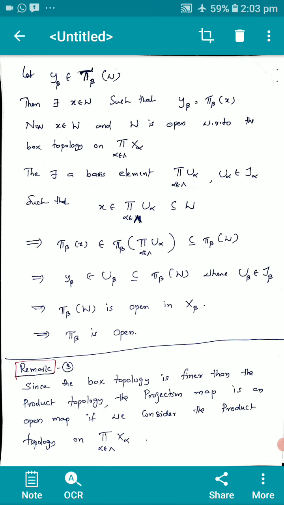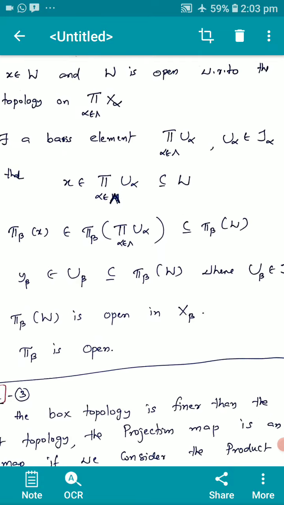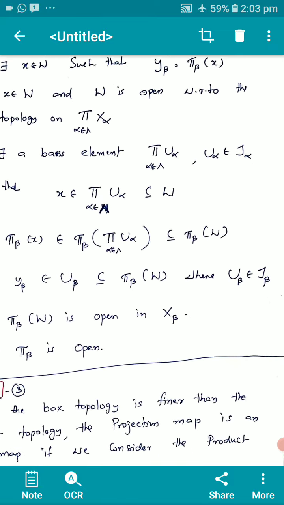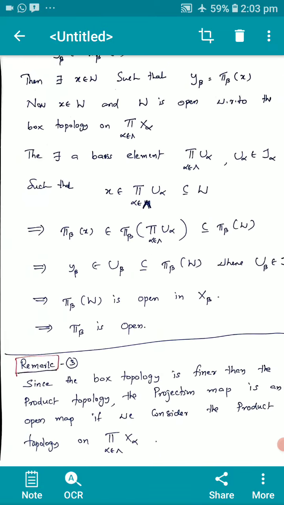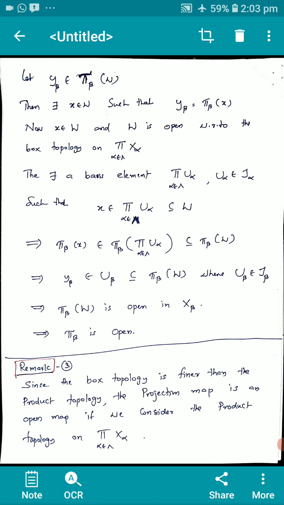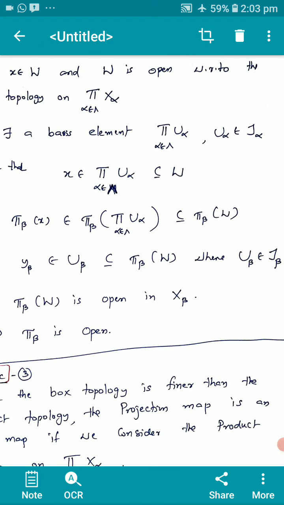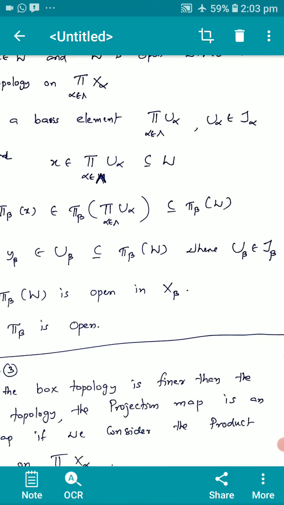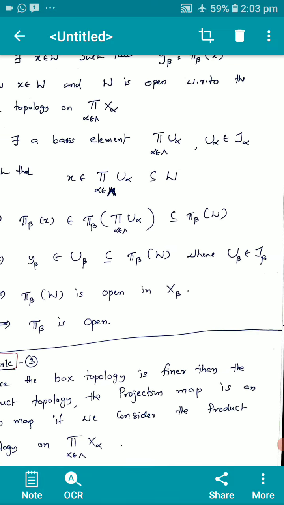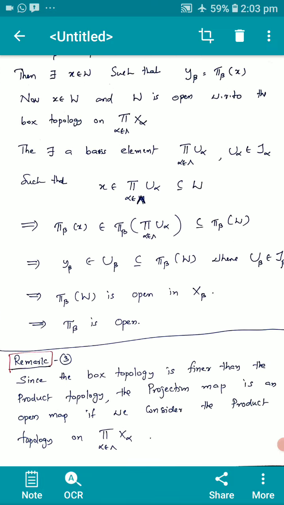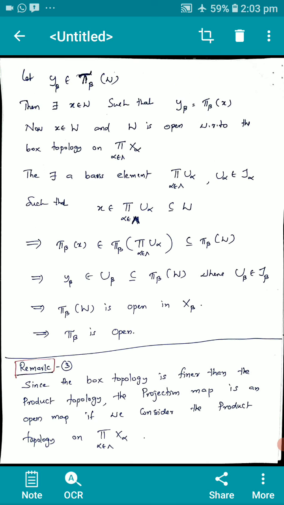That is, pi_beta of x is an element of pi_beta of product U_alpha, which is a subset of or equal to pi_beta of W. That is, pi_beta of x is y_beta, which is an element of U_beta, which is a subset of or equal to pi_beta of W, where U_beta is in tau_beta. Therefore pi_beta of W is open in X_beta. It shows that pi_beta is open.